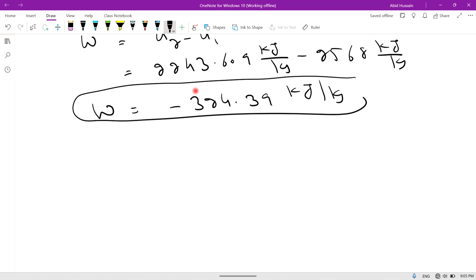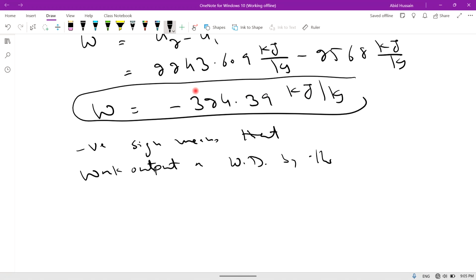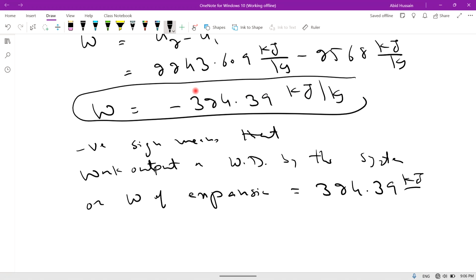Now the negative sign means work output, or work done by the system, or work of expansion, is equal to 324.39 kilojoule per kilogram. So the problem is solved.